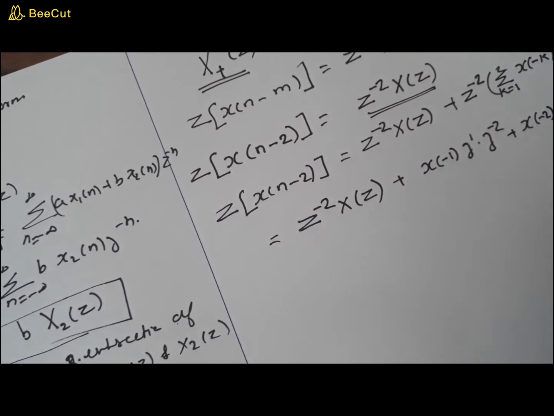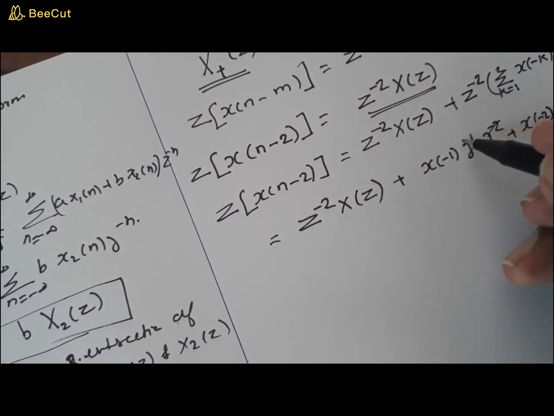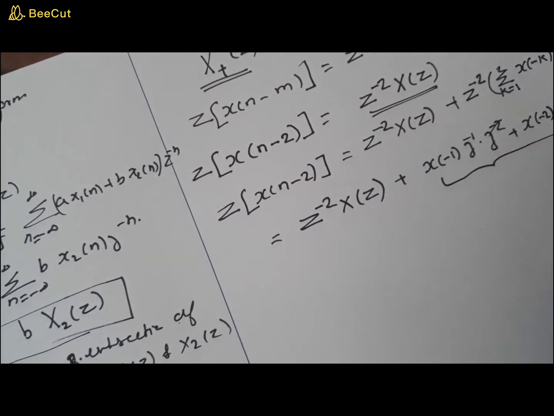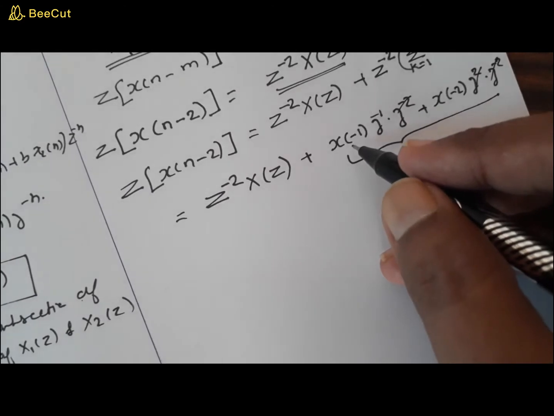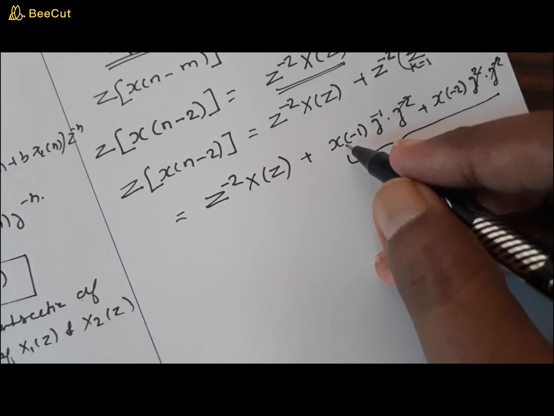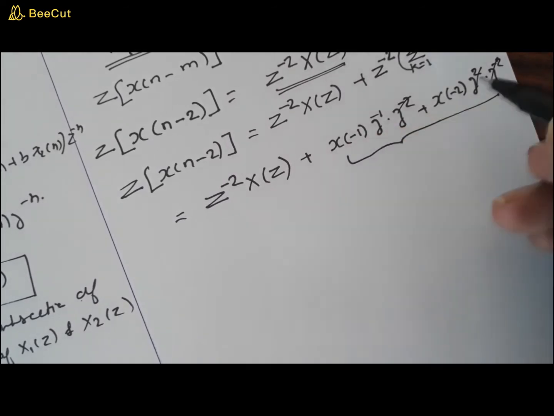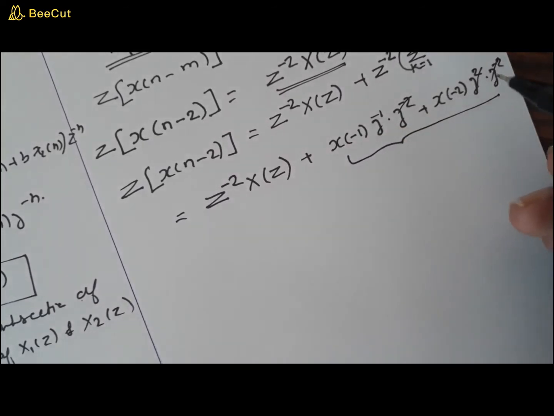So these terms partly cancel, giving z raised to minus 1 for the first term. These represent the values of the time domain signal at n equal to minus 1 and n equal to minus 2.